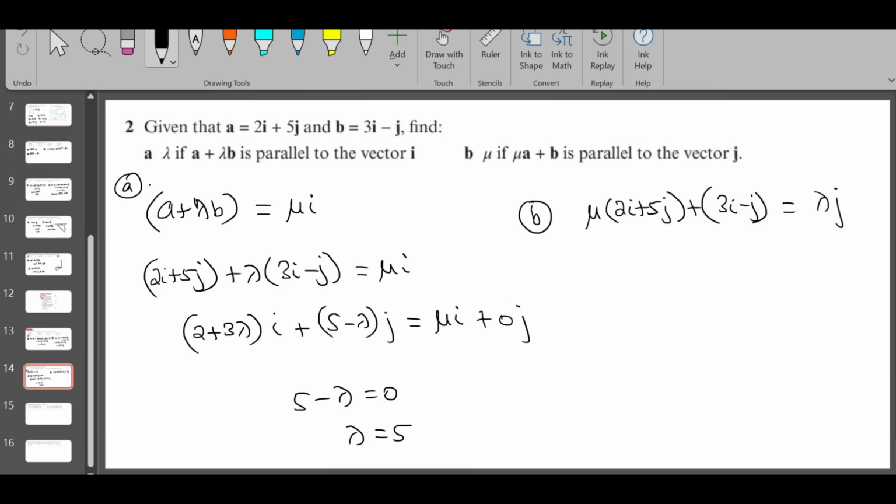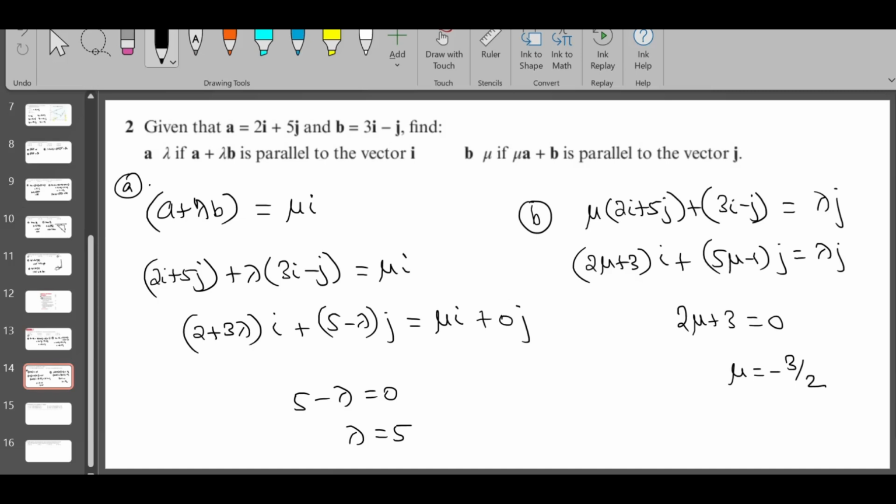Open the bracket and simplify the coefficients of i: 2 mu plus 3 i, 5 mu minus 1 j is equal to lambda j. There is no i here, so that means 0i. So equate this to 0. 2 mu plus 3 is 0. Mu is minus 3 over 2.